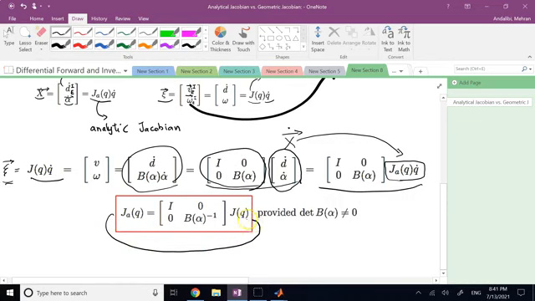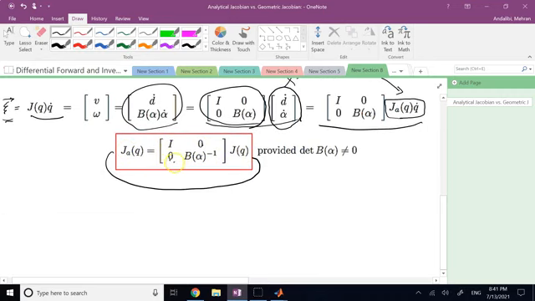The geometric Jacobian. So you need to multiply the geometric Jacobian by this, which is I, 0, 0, and B of alpha inverse, to get what? Analytic. And if you want to know about the shape of this matrix, what's the size of that? Well, it depends, of course, on the number of joints, right?